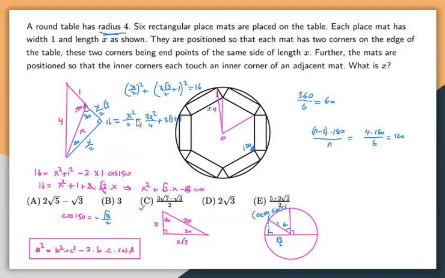So if you combine these, you got 4x squared over 4, which is just x squared, and then x root 3. This is 1, this is 16, subtract 16 from both sides, and you will end up getting the same equation. Again, this is the same equation that we have right here, so if you just use the quadratic formula, you got the same result.